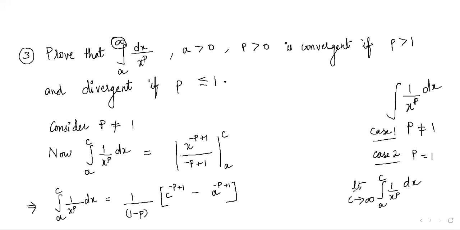Now we have evaluated this integral. Let us consider the limit, that this upper limit c is tending to infinity, of the integral from a to c, dx upon x raised to power p.